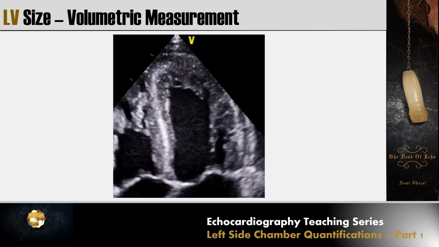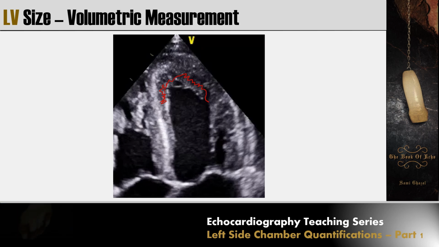Tracing should exclude trabeculation. It should be done in the area between the compacted myocardium and the non-compacted myocardium. So it is the interface between the compact myocardium border and the LV cavity. Those all are trabeculation here.